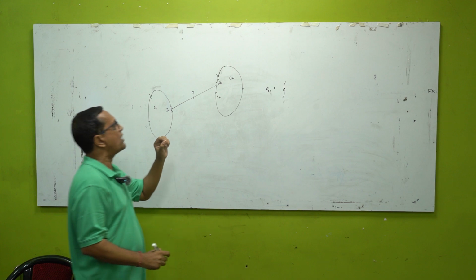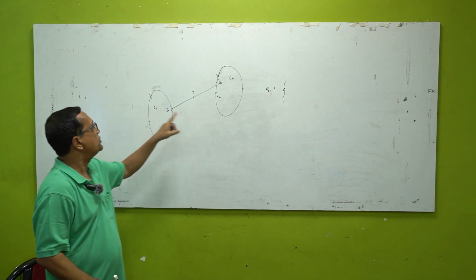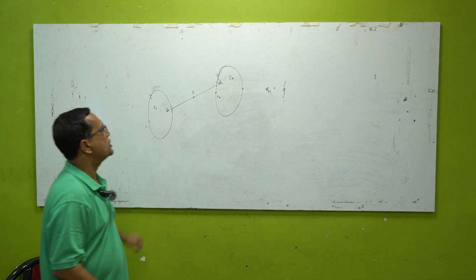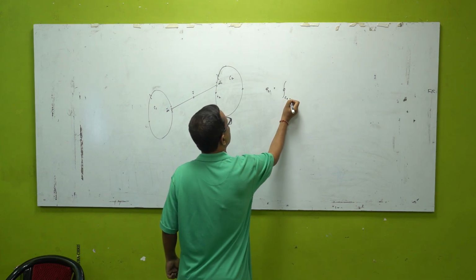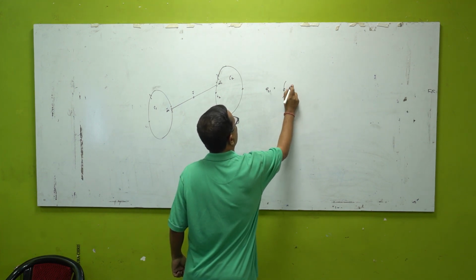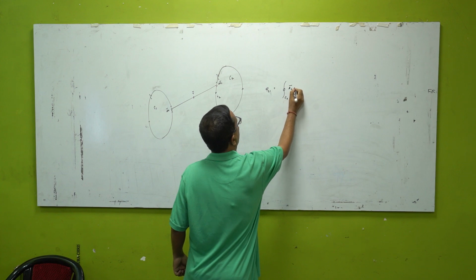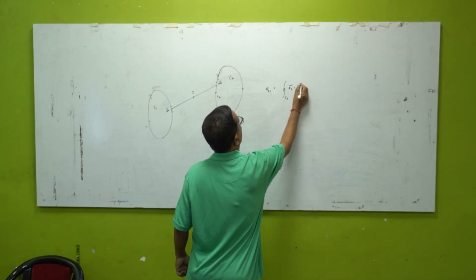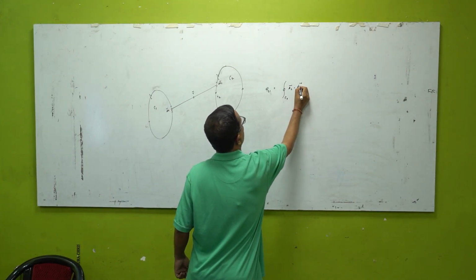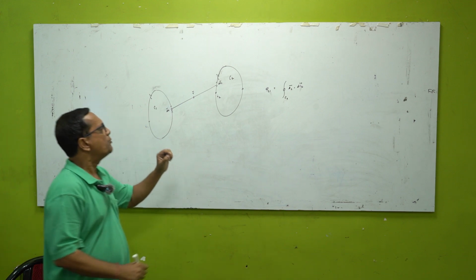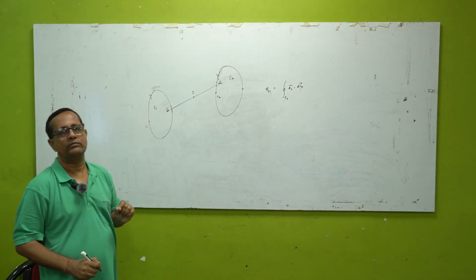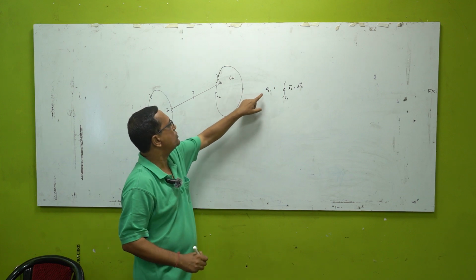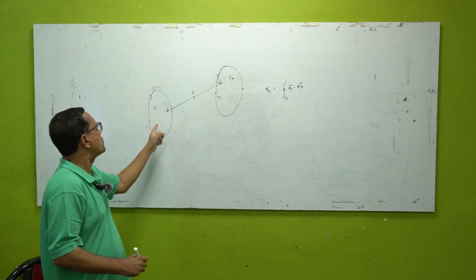Phi 21 is the magnetic flux linked in coil C2 with respect to coil C1. Then phi 21 is equal to the closed path integral over C2 of A dot dl2. This is the magnetic flux linked in coil C2 with respect to coil C1.